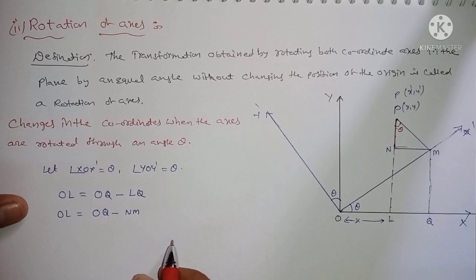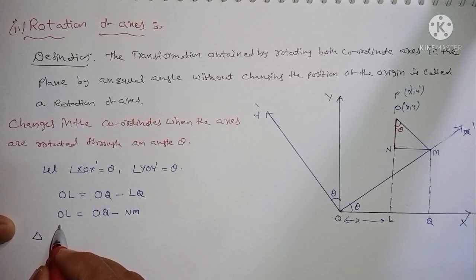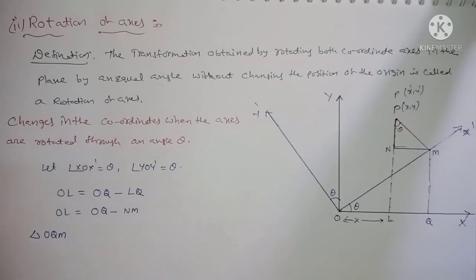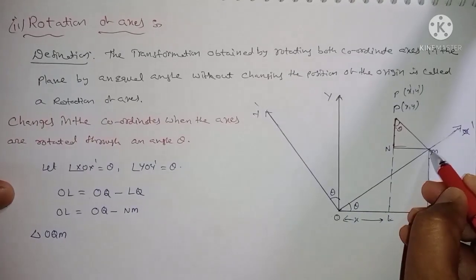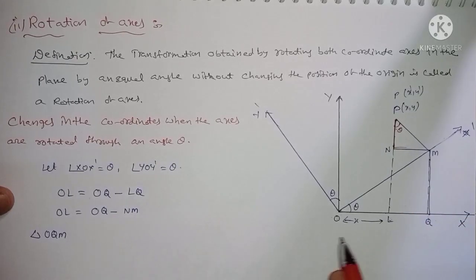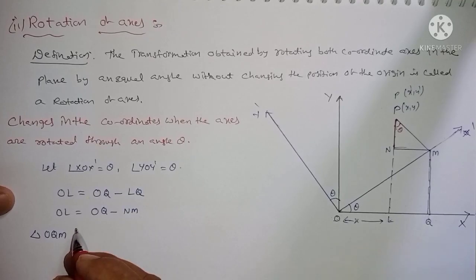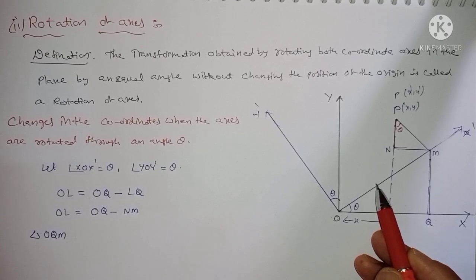Therefore in triangle OQM, we want OQ, which is the adjacent side, and OM is the hypotenuse.